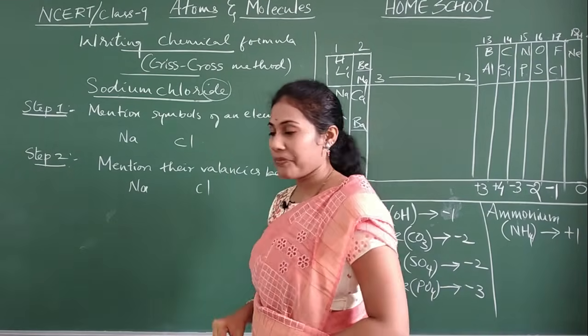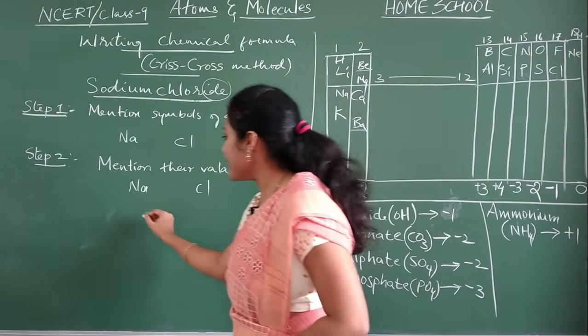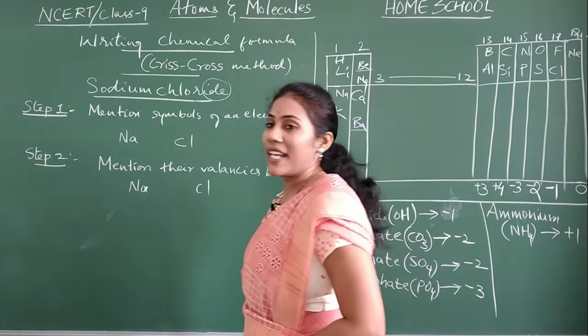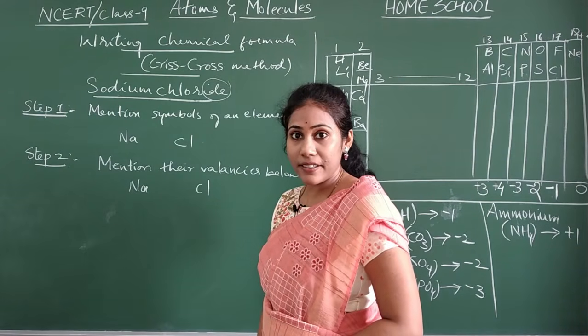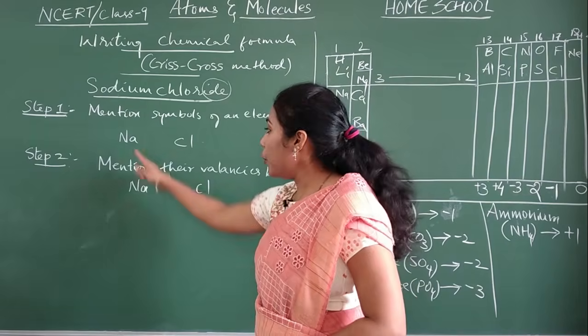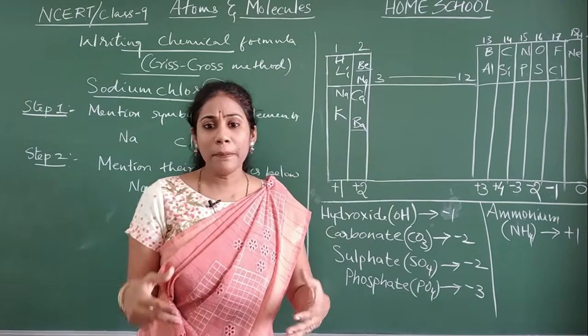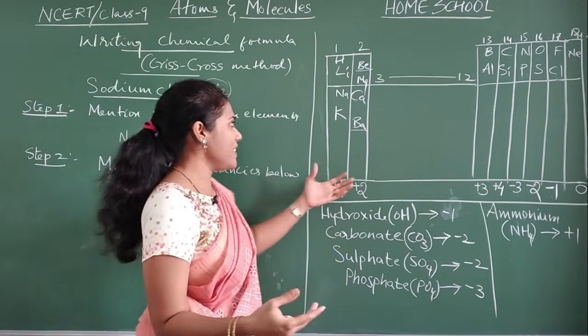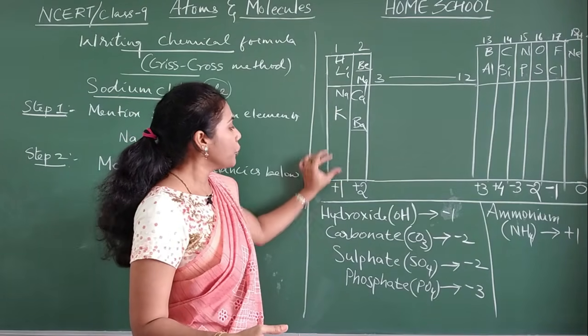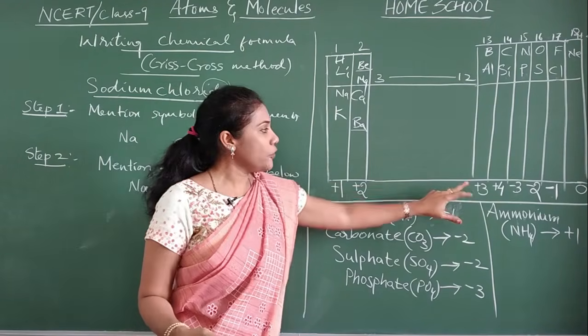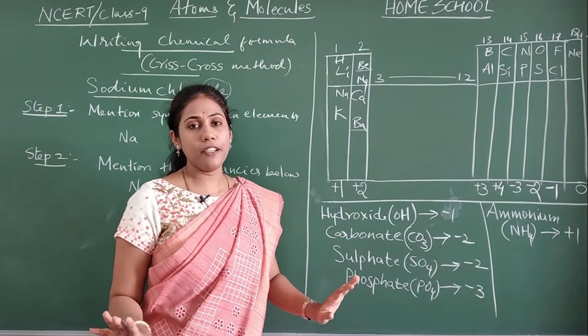NaCl, first step. So what is the second step, guys? You have to mention their valency. You have to remember the element's valency, isn't it? Sodium, you don't need to remember individual elements. Just try to remember which group, what elements are coming. Group-wise valencies I gave you, no? If you remember that, it is enough.